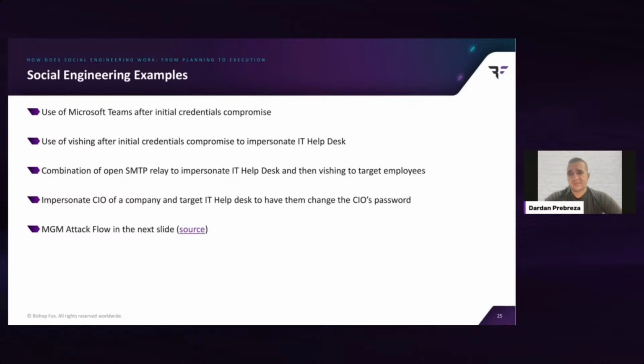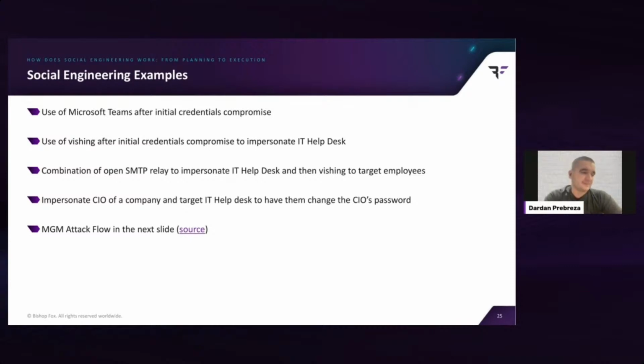The first example here is the use of Microsoft Teams after initial credentials compromise. In all red team engagements, in a full external breach scenario, if we don't find vulnerable systems, we perform password spraying. Basically, we take a password and run it against the whole list of employees.